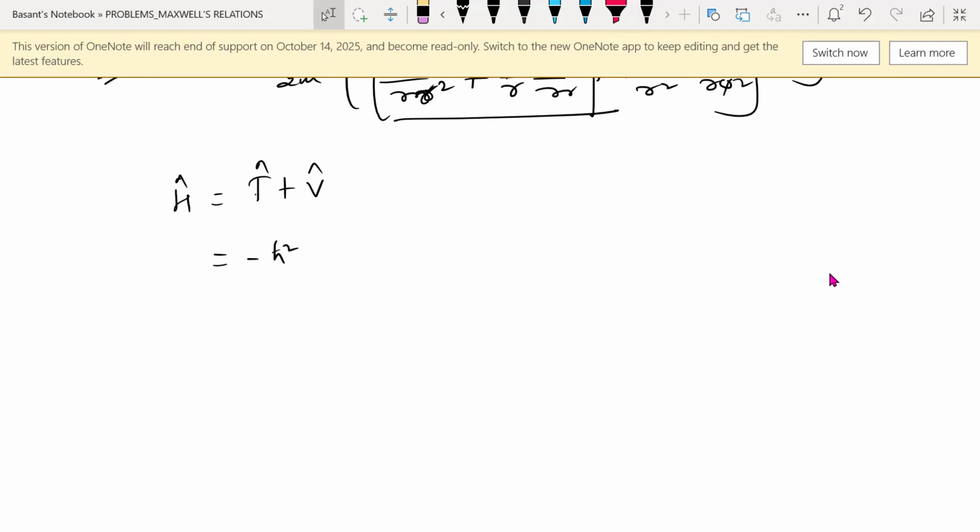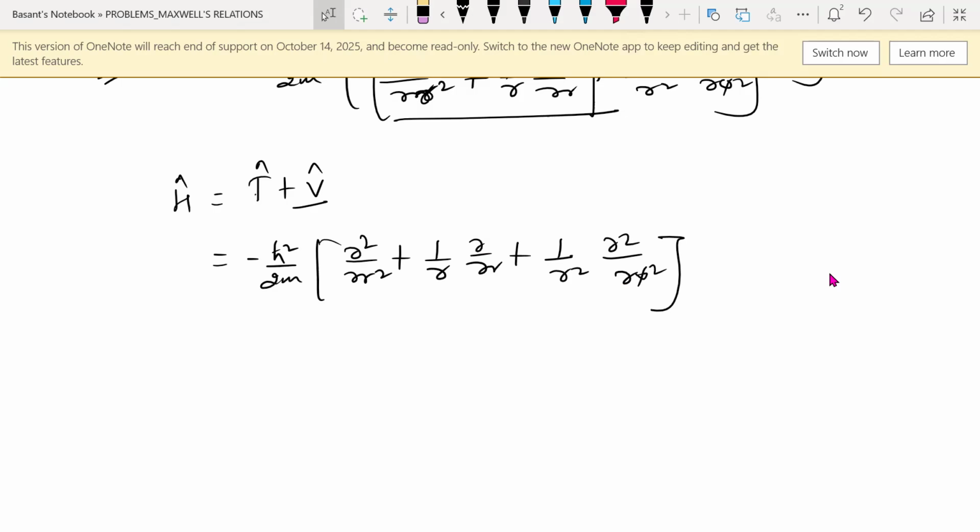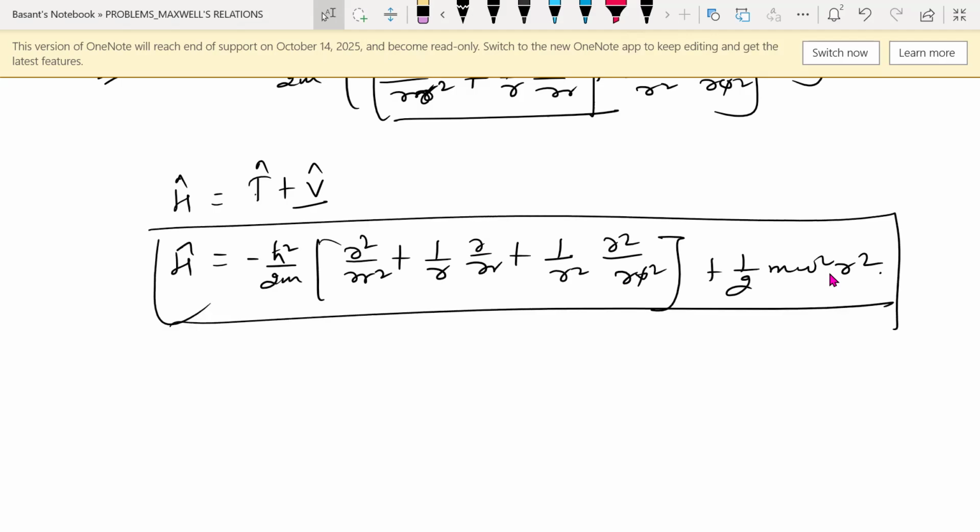So minus h bar squared by 2m, del 2 by del r squared plus 1 by r del by del r, this is the simplest form, and plus 1 by r squared del 2 by del phi squared, and plus 1 by 2 m omega squared r squared. This is our Hamiltonian. Hamiltonian is ready for the Schrodinger wave equation.